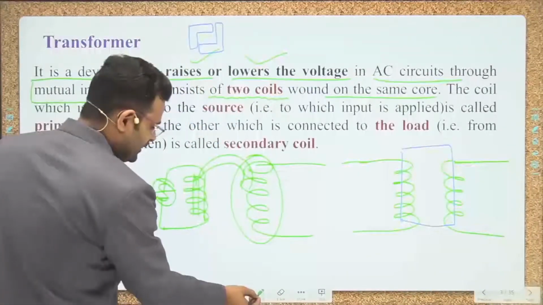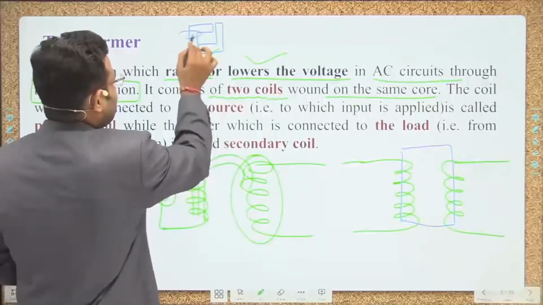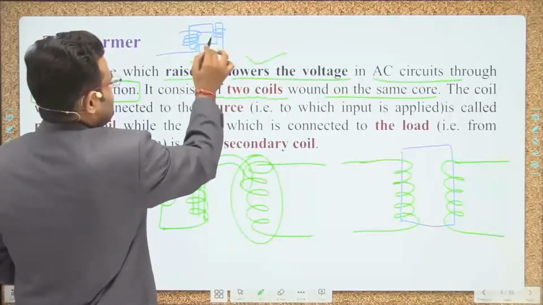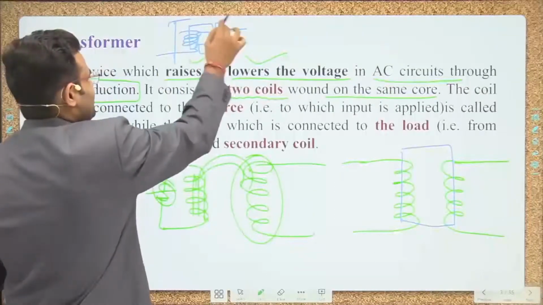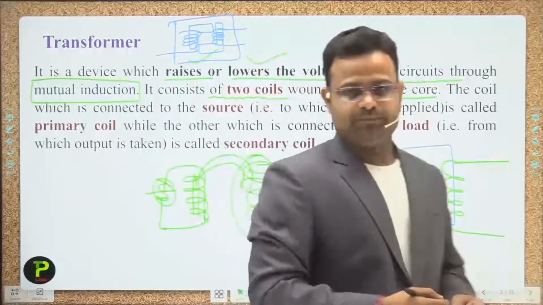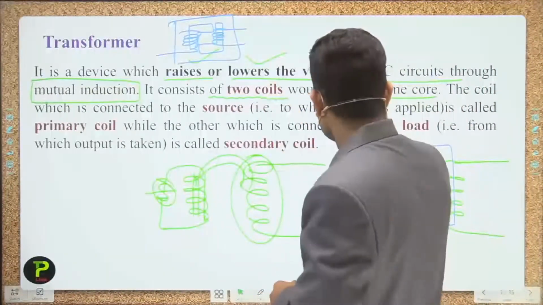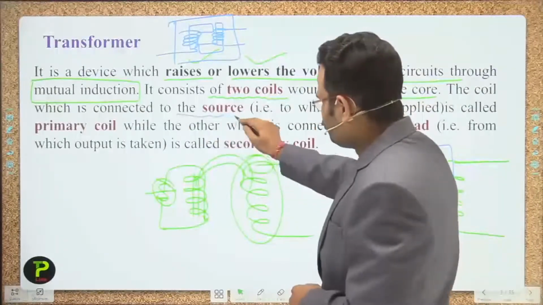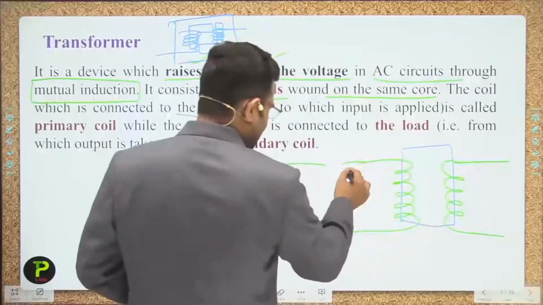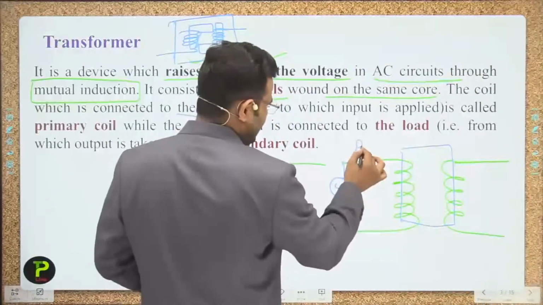That wound material is used to wind the coil also. That type of construction is the practical aspect of the transformer. After that, the primary winding is connected to the source. That is called the primary winding.